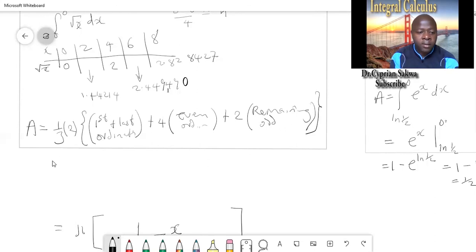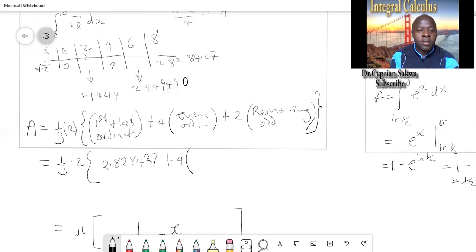That is the formula. So this will give us a third multiplied by 2 into bracket. The first is 0 and the last is that. So that sum will give us 2.828427, then plus 4 into the even ones.